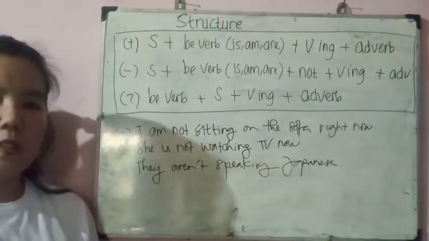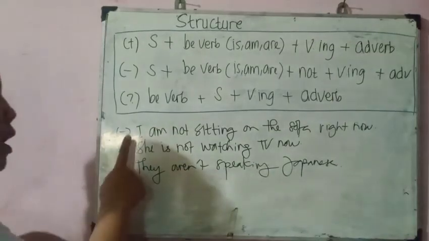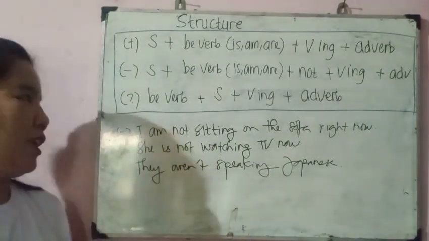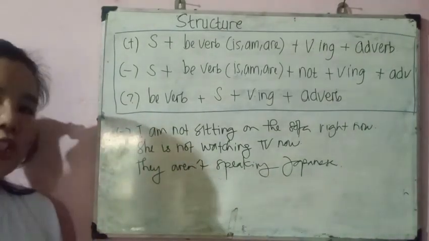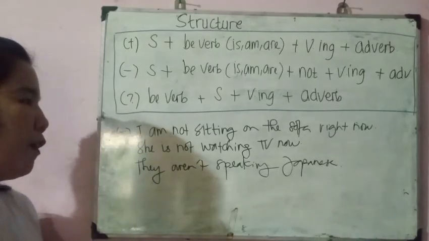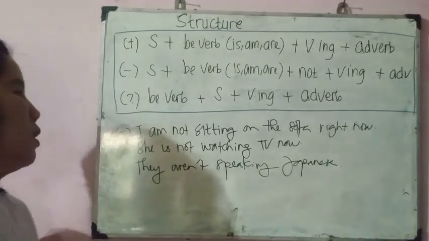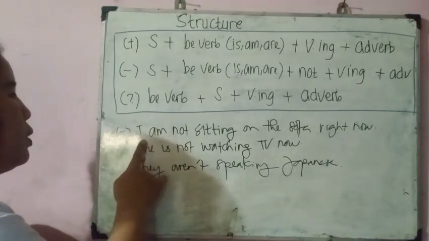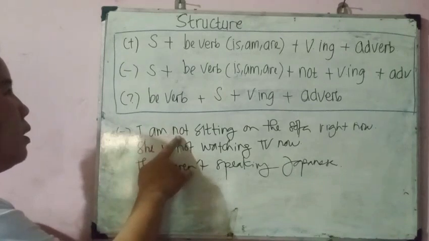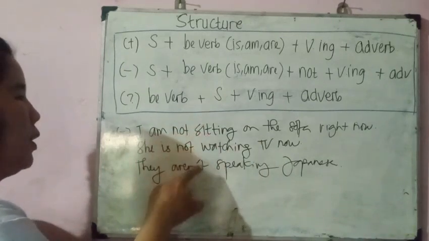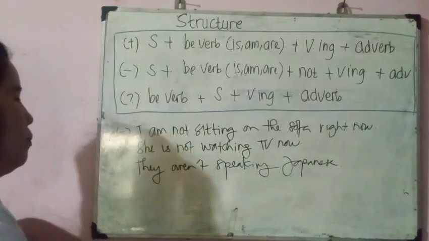In negative sentences, we have: I'm not sitting on the sofa right now. She is not watching TV now. They aren't speaking Japanese. So we use subject, to be, then not, and then verb-ing.